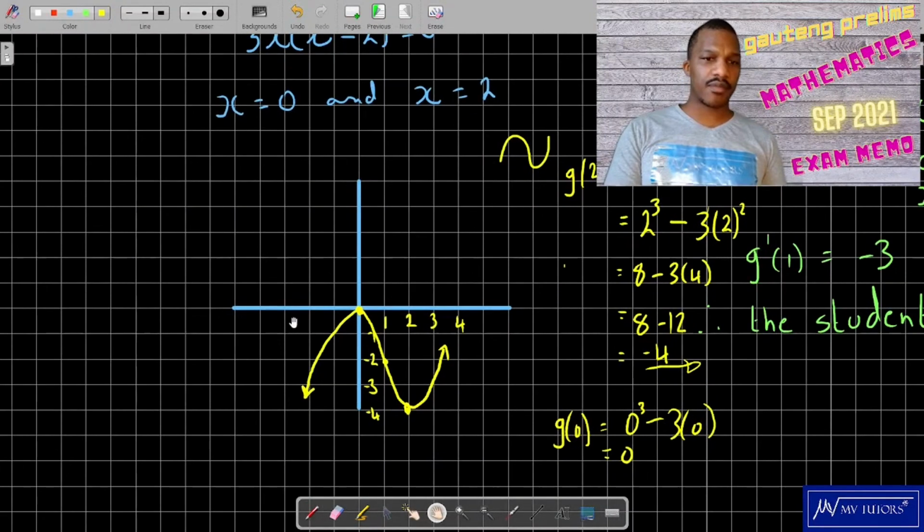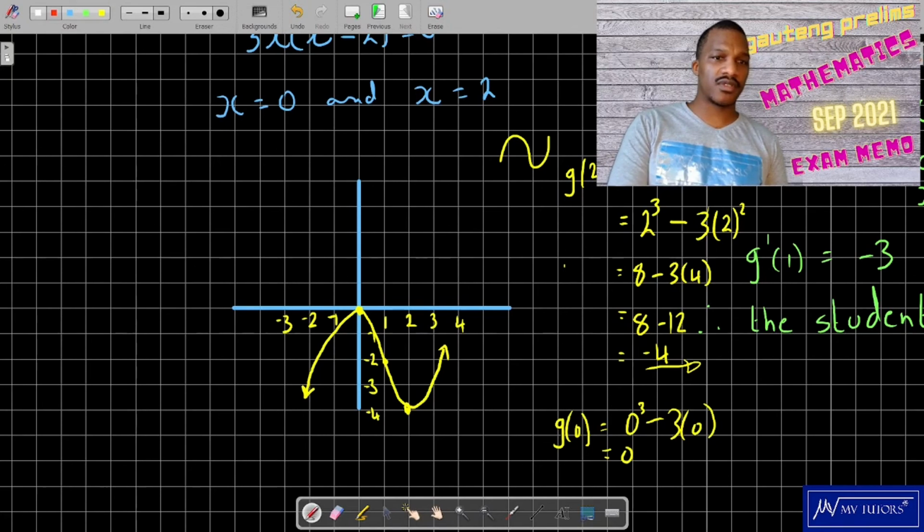Let me put minus 1, minus 2, and minus 3 over there. So now it's decreasing from minus 3 to minus 1 like that, and then it will start turning. So now this is my new graph.